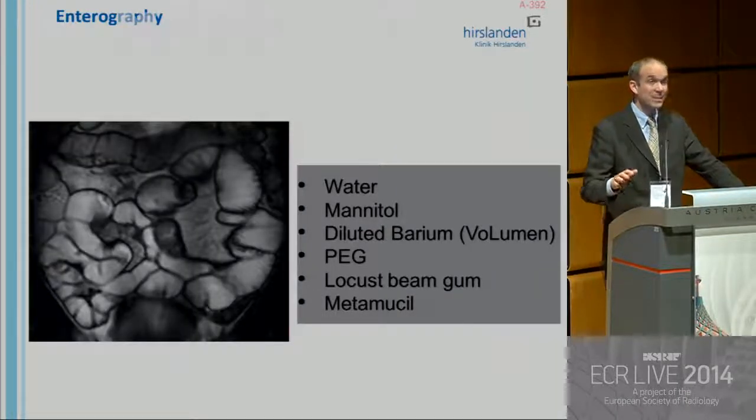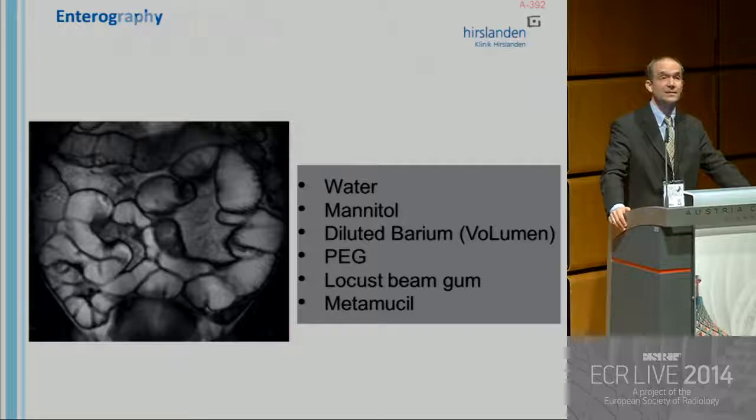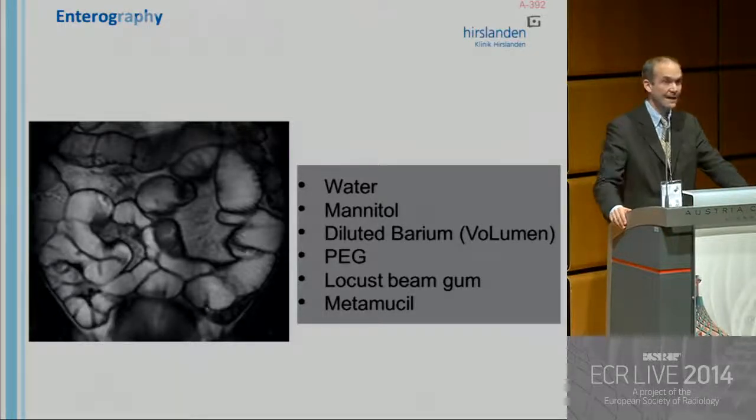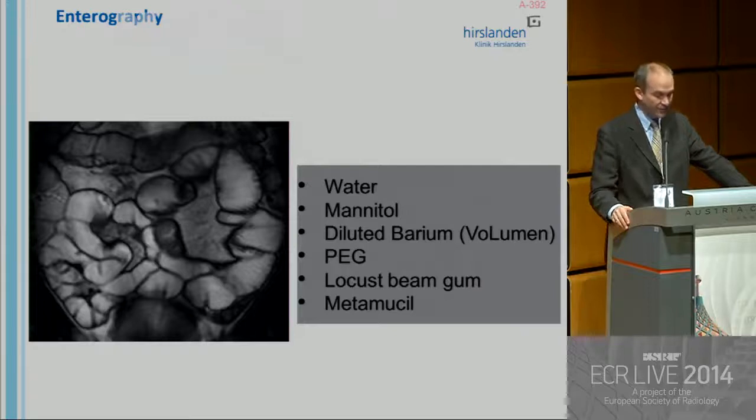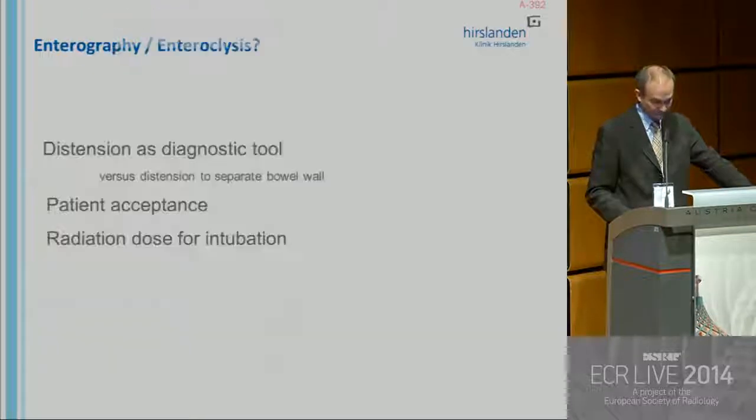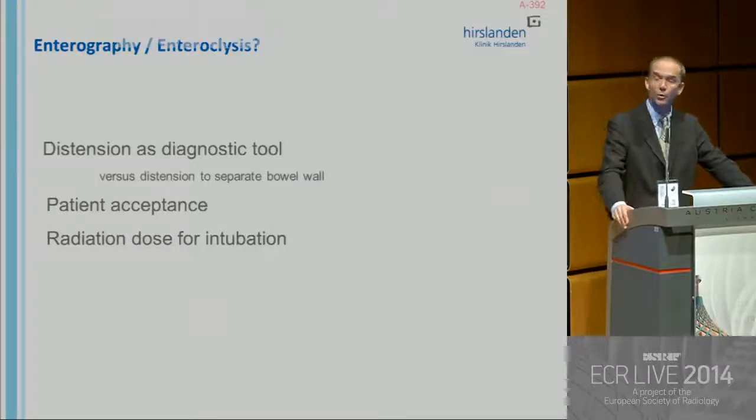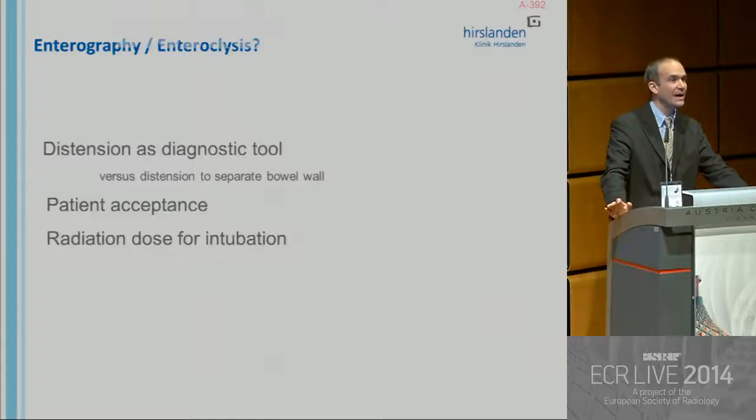So there's plenty of different possibilities to do this non-invasive distension. There's only water, there's diluted barium, especially in the United States, VoLumen. There's polyethylene glycol, locust bean gum, Metamucil. There's also always a big discussion about the difference between enterography and enteroclysis.